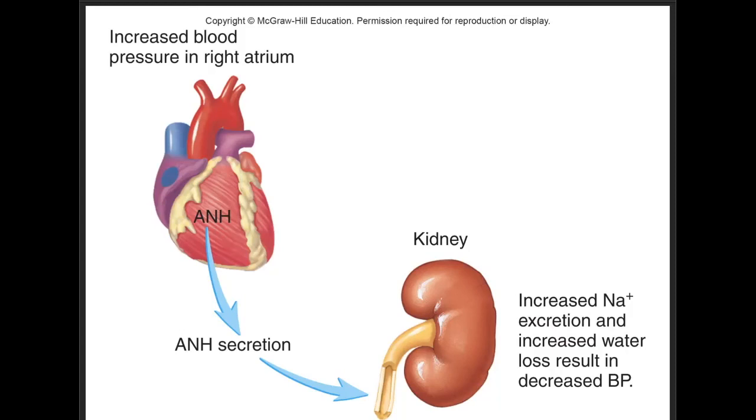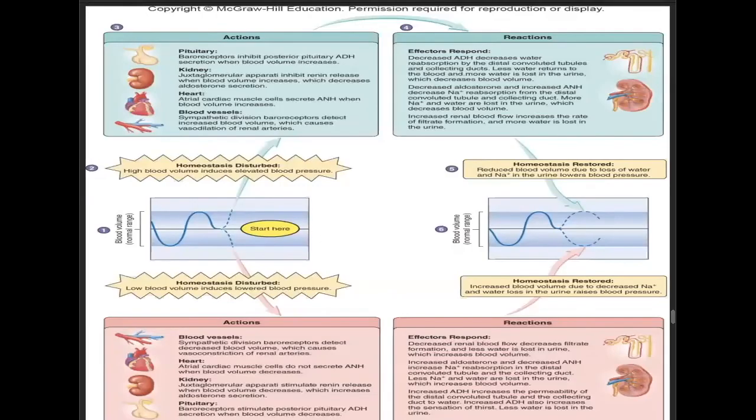And with this loss of sodium and water in our body, it will actually reduce your blood volume, and it will now stabilize the blood pressure. Okay, I hope this one is clear.